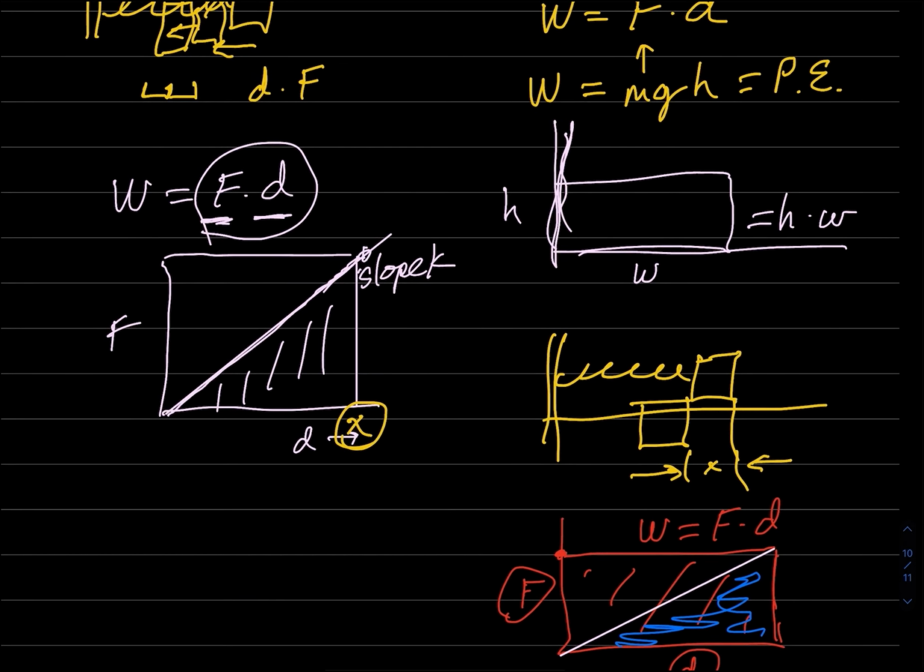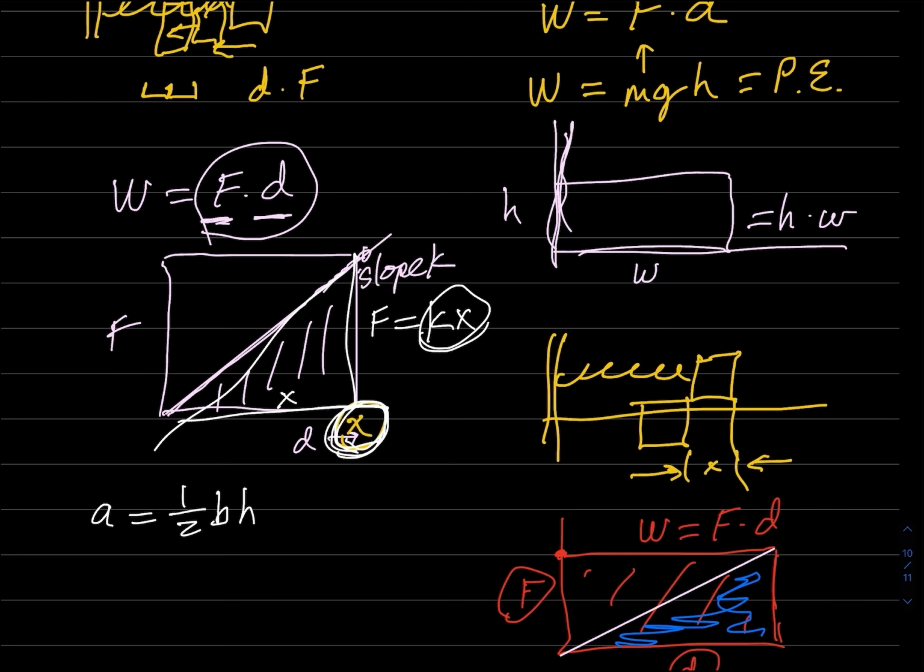Here's our triangle. We compressed it x. So the base of this triangle is x. And the force that is the height of the triangle equals what? Kx. So the area of a triangle equals 1/2 times the base times the height. The base is x. The height is kx.